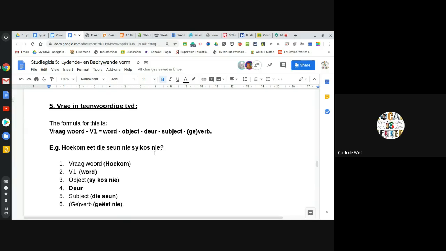Hoekom eet die seun nie sy kos nie? So you're going to keep hoekom, and in all the other sentences, you're going to use the auxiliary verb, whatever they give you here. You're going to keep it. But if it's in the present tense, then you're going to have a proper verb here. Can you see? So in the place of the verb 1, I will have to use the word word now. Nee? All the other sentences, all the other tenses, I'm going to keep my first 2 words. I'm going to keep the first 2 words, except there's one, but I'll explain the one later. Goed.